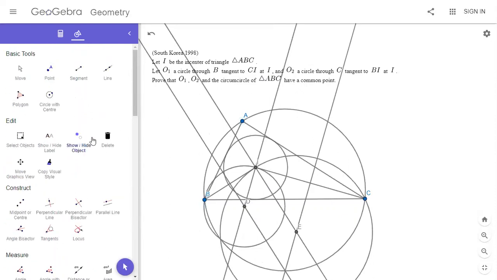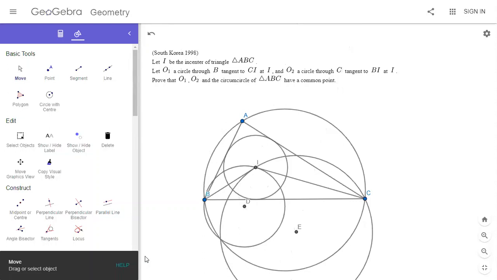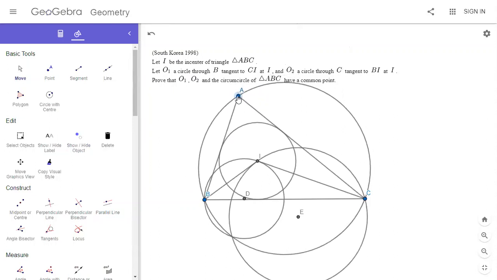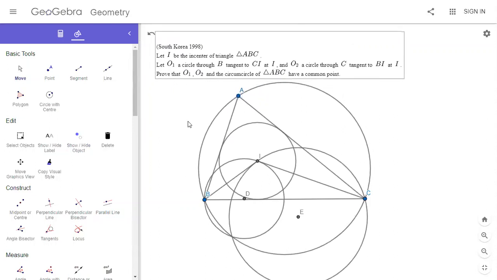Okay, so I'm going to hide these lines. Interesting problem, kind of short.